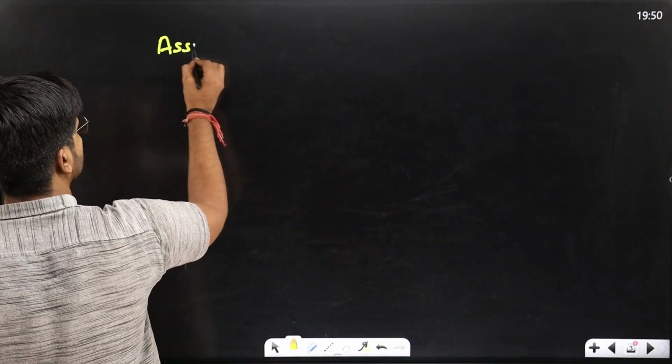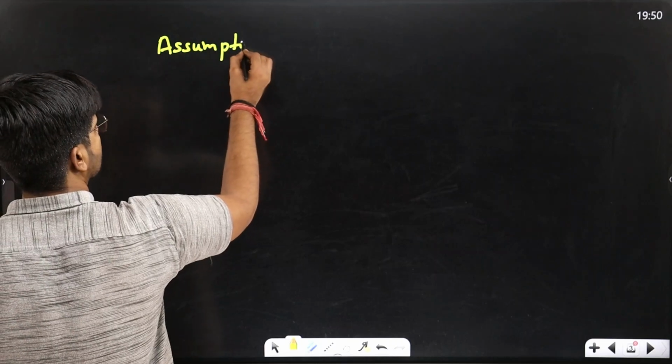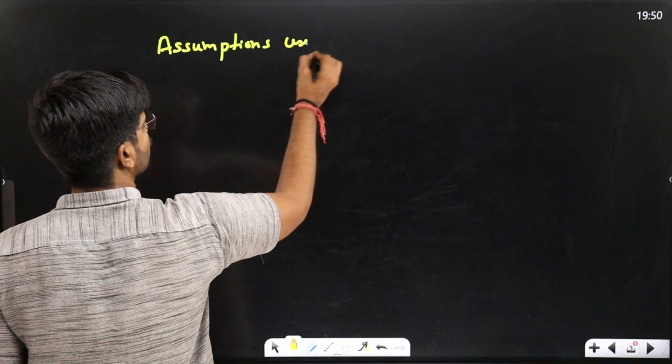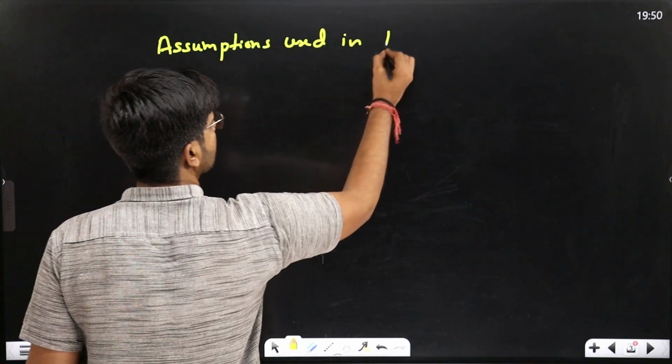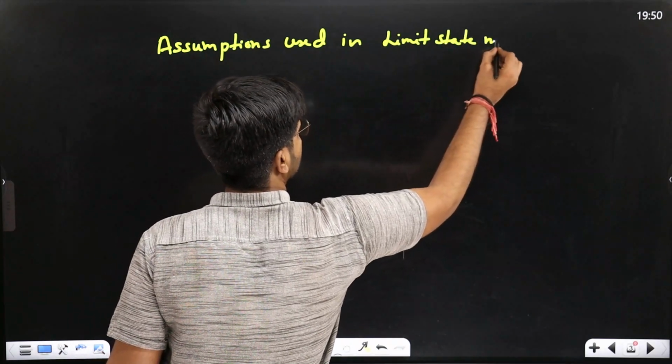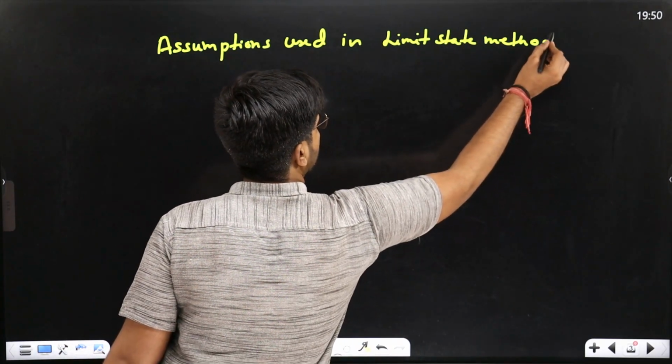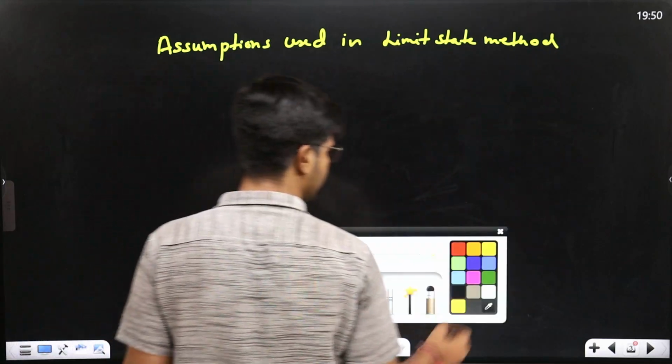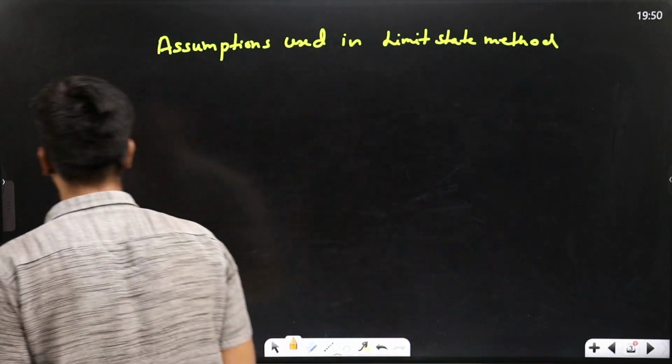Assumptions used in the limit state method. What is your first assumption?